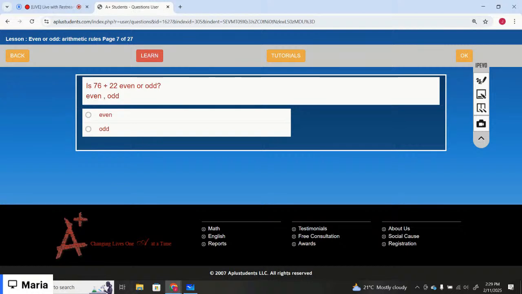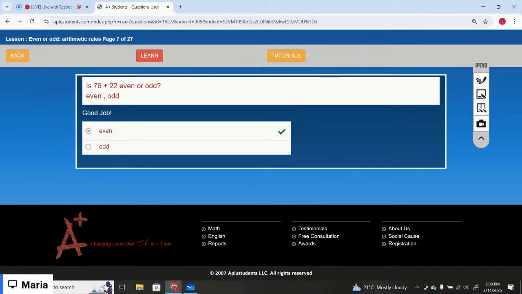Is 76 plus 22 even or odd? 76 plus 22 is, the sum of two even numbers is always even. Option number 1 is the correct option.